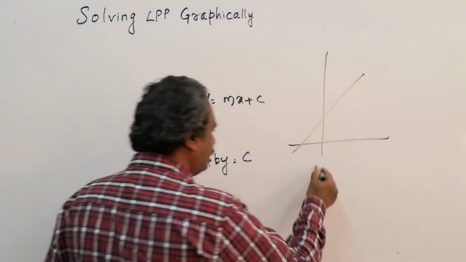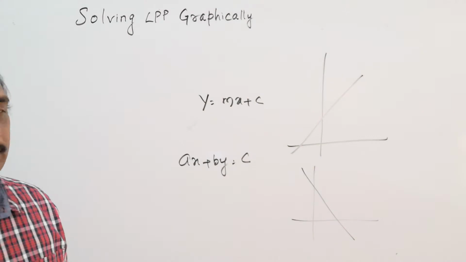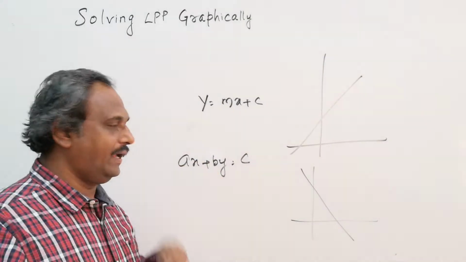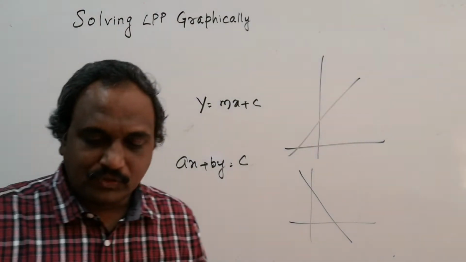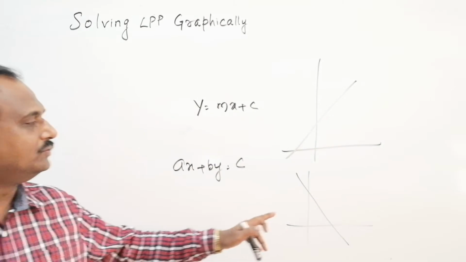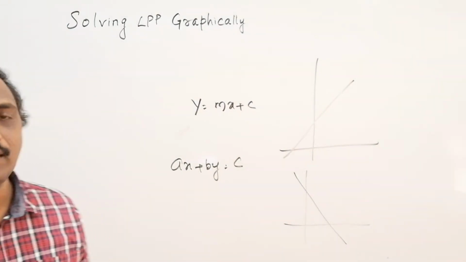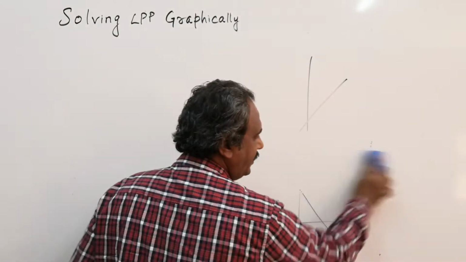You said, okay, this is the intercept form, and the form is based on the values of a and b. Now we are going to use this principle to solve the equation using graphs. This is what we are going to discuss in this video.